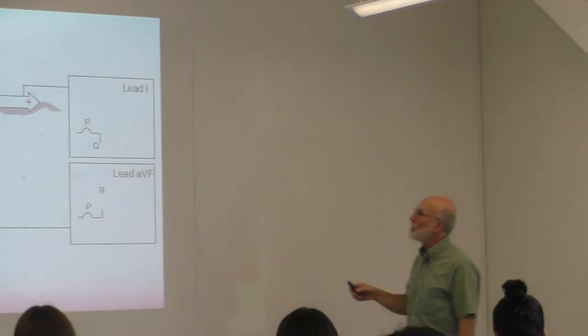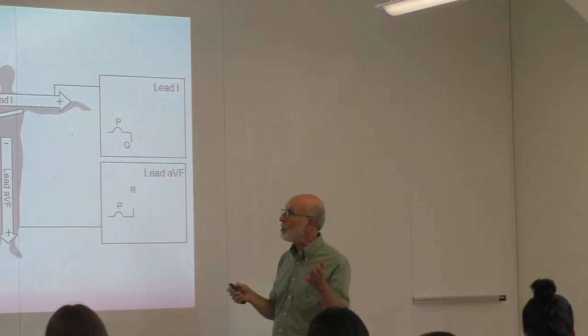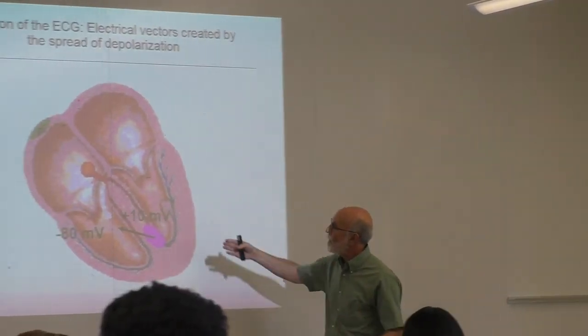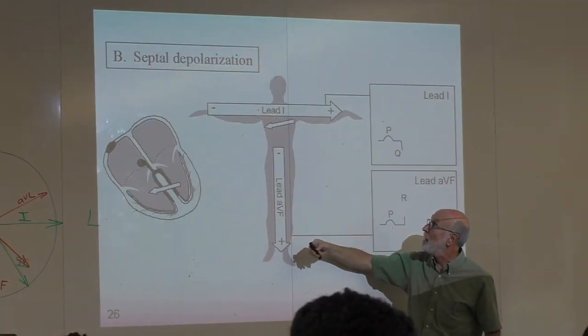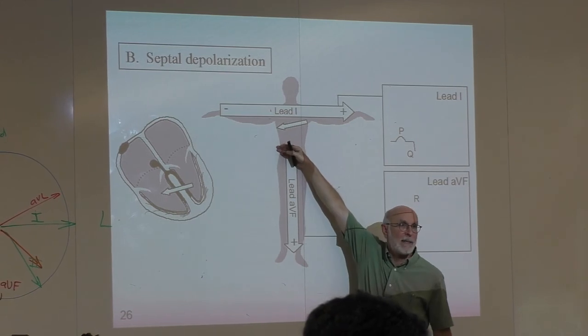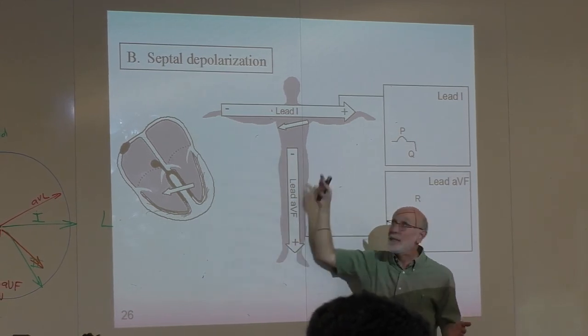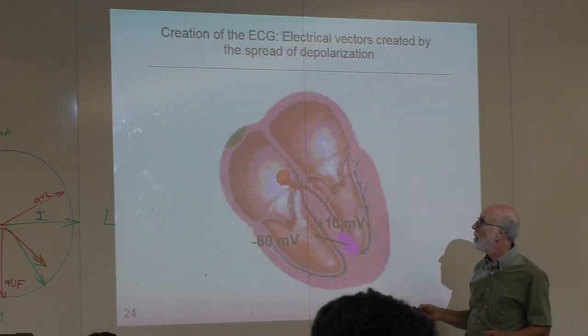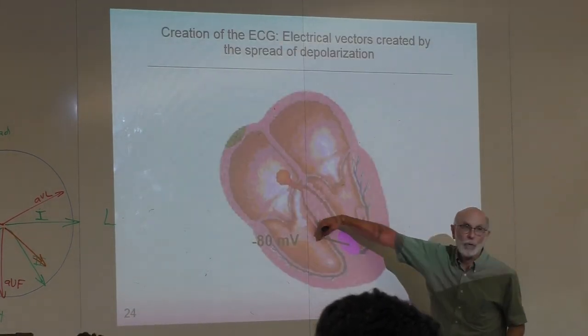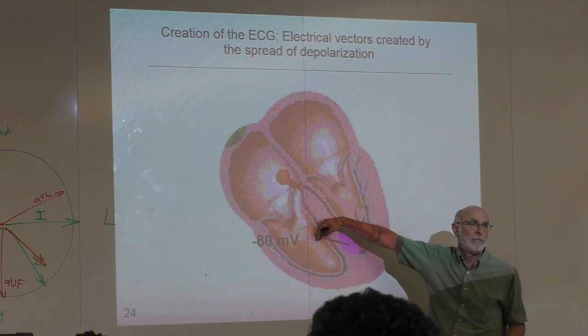The septal depolarization, so in this cartoon, sorry, I'm jumping back and forth. In the cartoon, I draw it like this. In this cartoon, which I didn't draw, it's drawn like this. But you get the idea, right? It's sort of spreading from left to right in the septum.